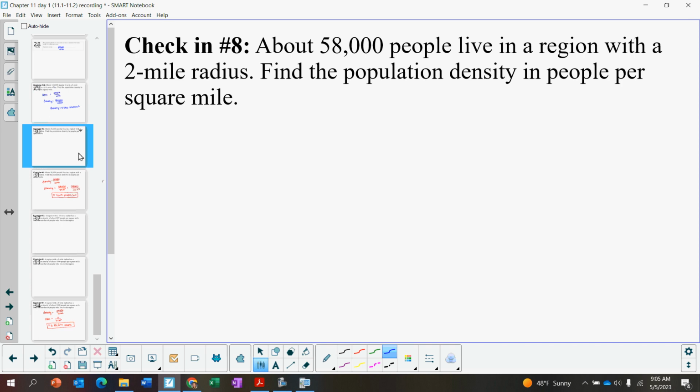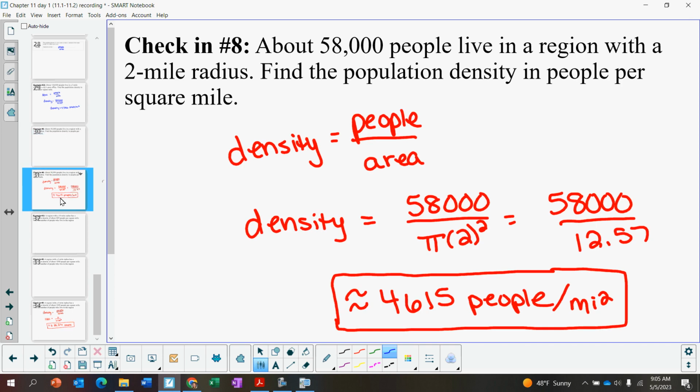So you go ahead and try this one, pause, when you're ready to see the answer, hit play. So we get about 4,615 people per square mile.